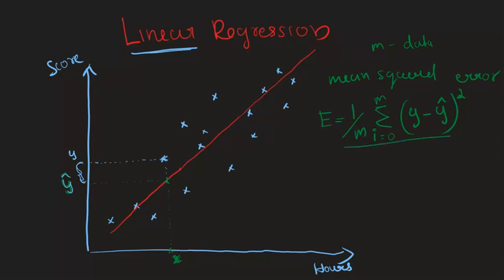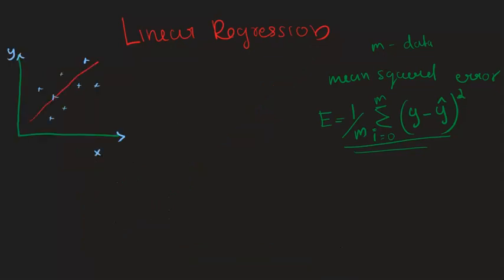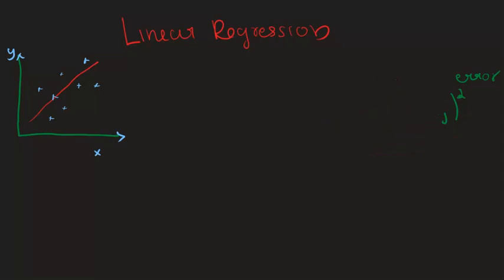This is basically mean squared error. In linear regression, we are going to find the line which has the least amount of error. How we find the equation of a line that has the least amount of error is by using gradient descent.